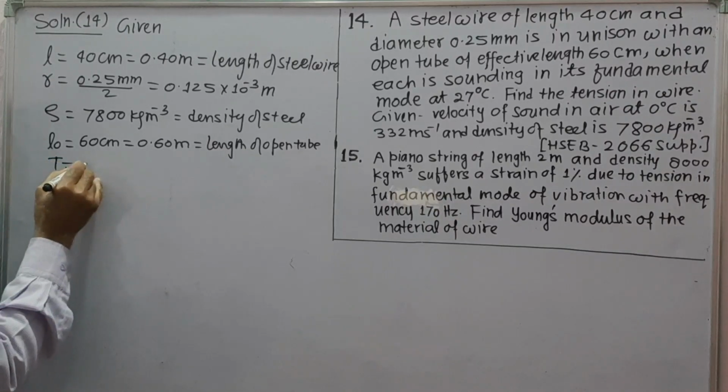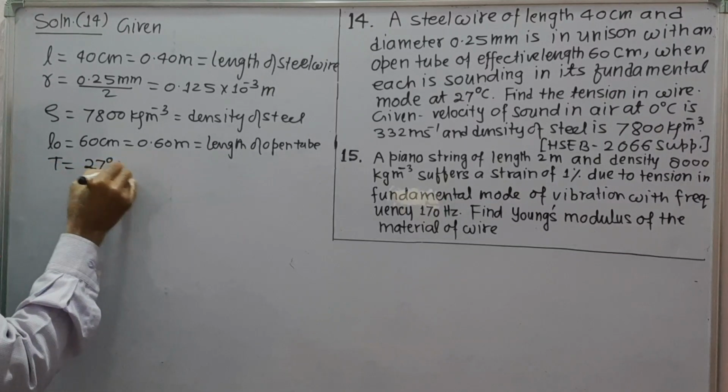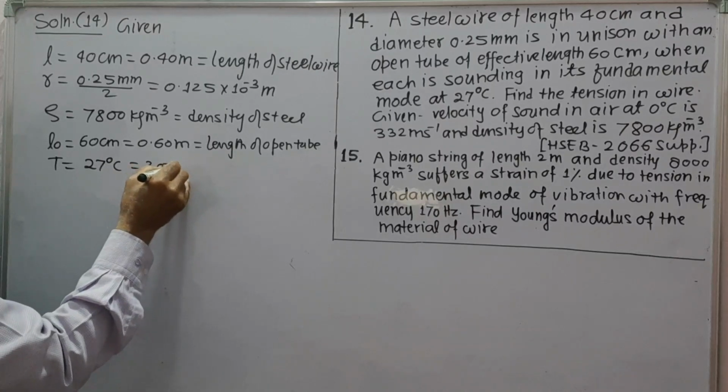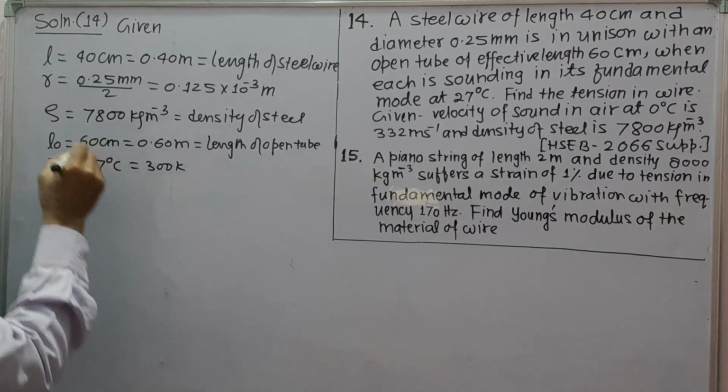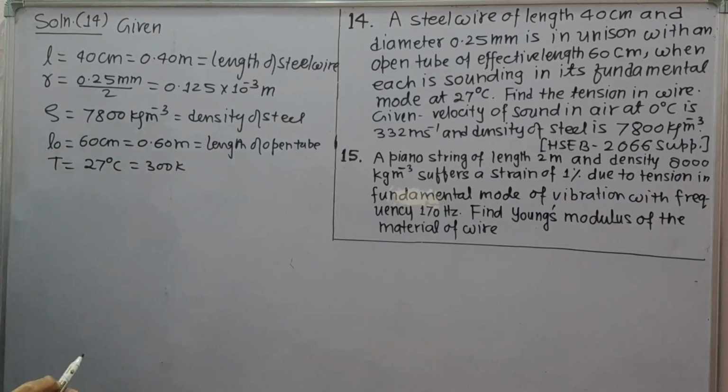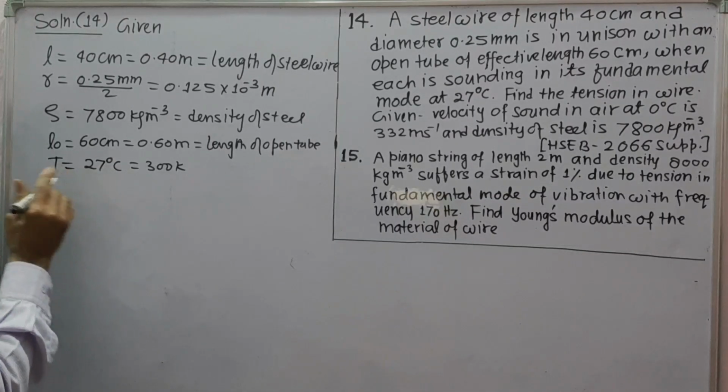Temperature is 27 degrees Celsius, which means 300 Kelvin. At this temperature, the vibrating wire and open tube are in unison. Unison means at resonance.